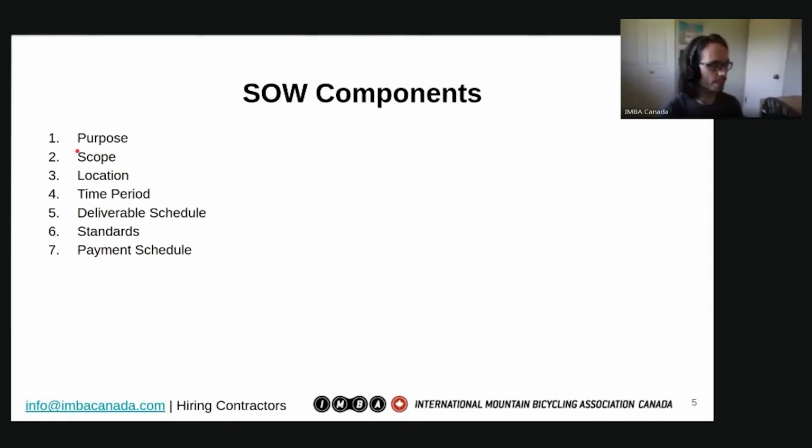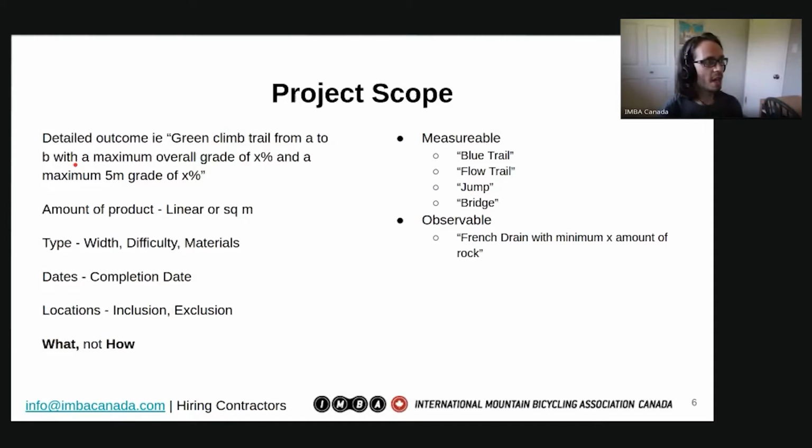So that can include some detailed understanding of, I need a green trail that goes from here to here, and there's some specifications here for the contractor to meet an overall grade of X% and a maximum 5-meter grade of percent. And this is intentionally arbitrary as a way that something could be measured.